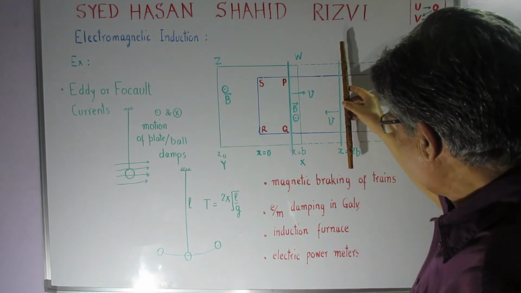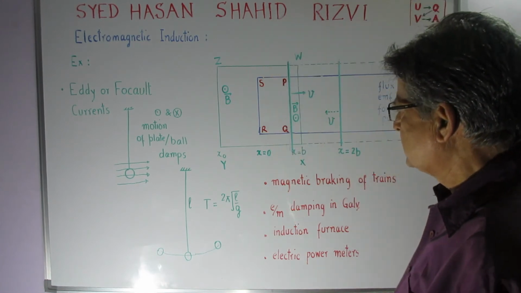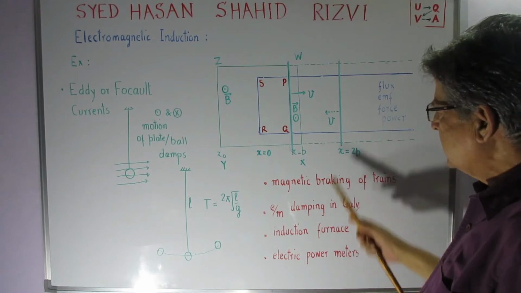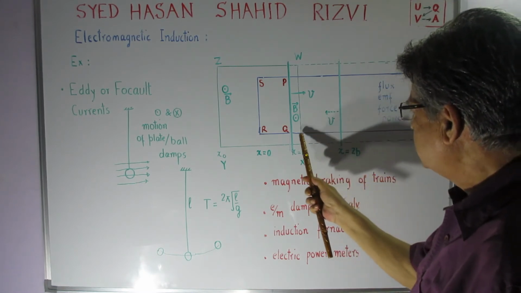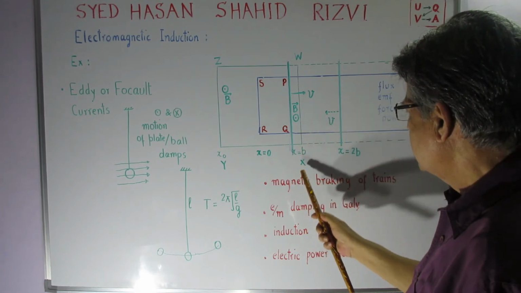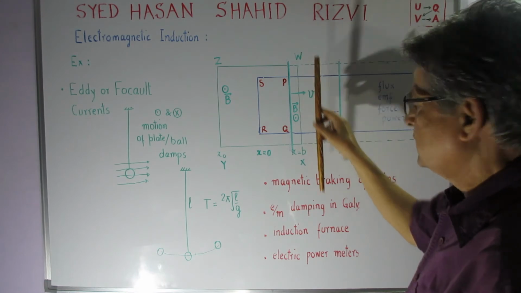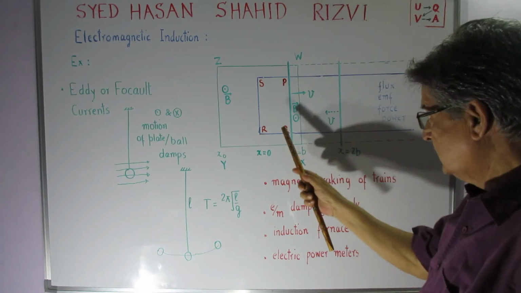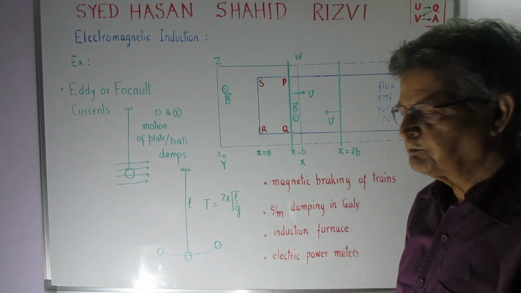If we return back from here, back up to this point x naught, then initially up to this point x is equal to b, there will not be any change, but after that the flux will keep on decreasing.